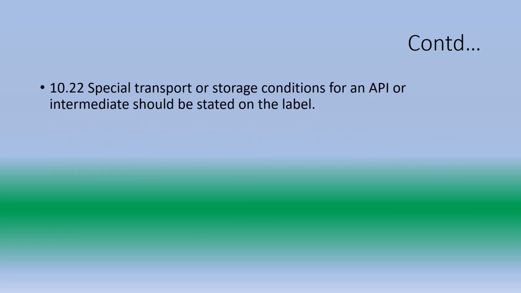Section 10.22 prescribes special transport or storage conditions for an API or intermediate should be stated on the label. This section is explicit in the ICH-Q7 requirement.